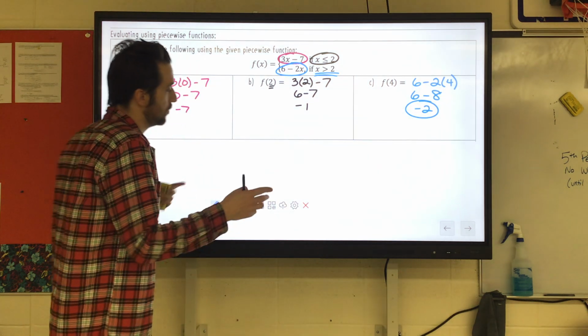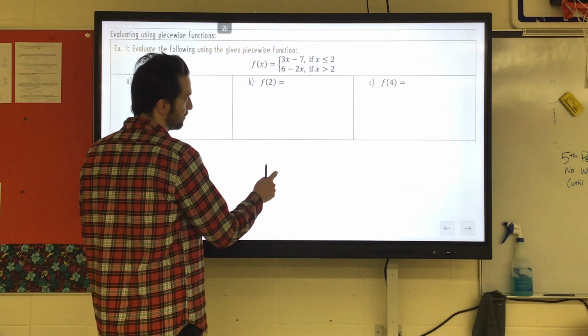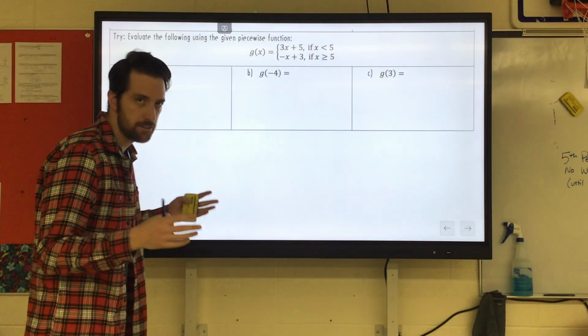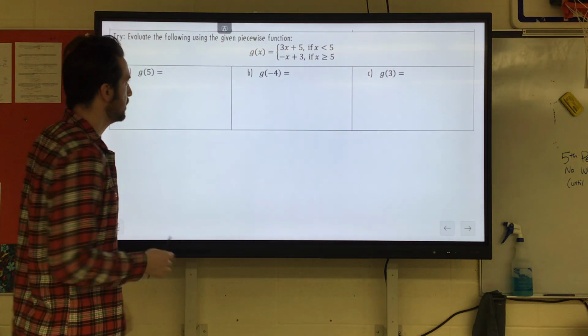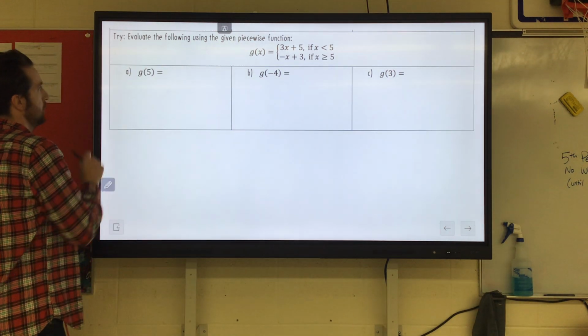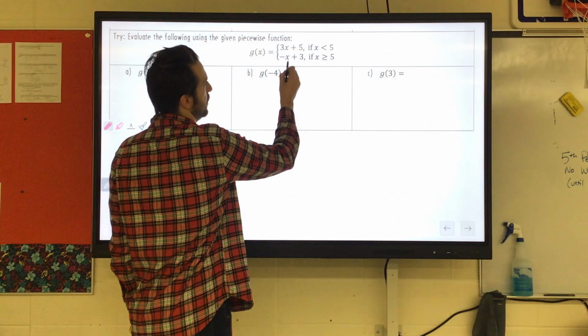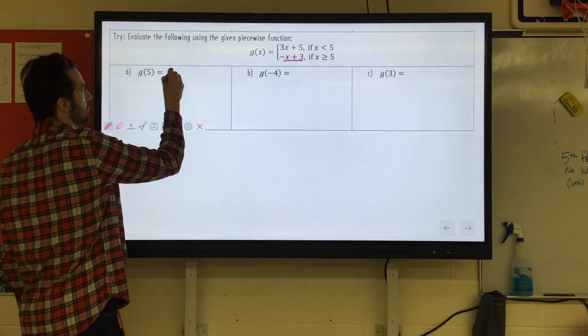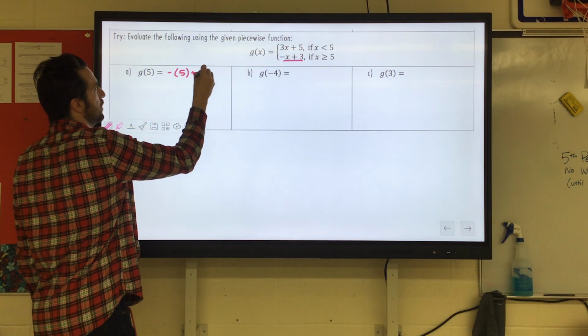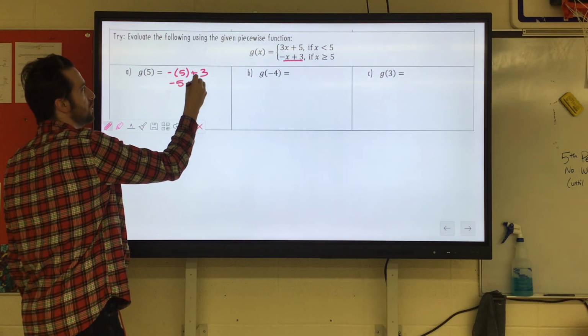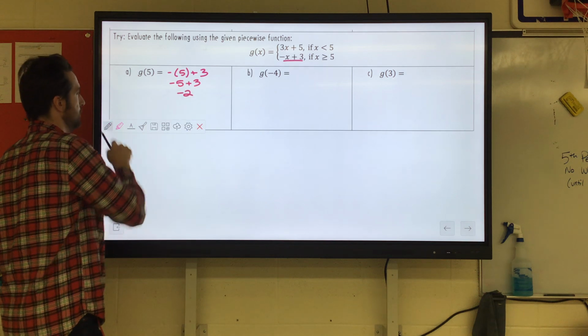Cool? So there's one for you to try here. Go ahead and pause it, check back in when you're done, see if you get the same answers as I do. All right, 5 would fall into the second equation, negative x plus 3. That'll give us negative 5 plus 3, which is negative 2.